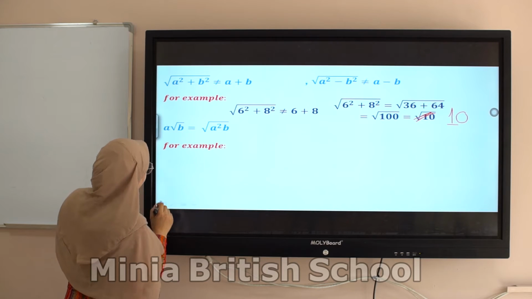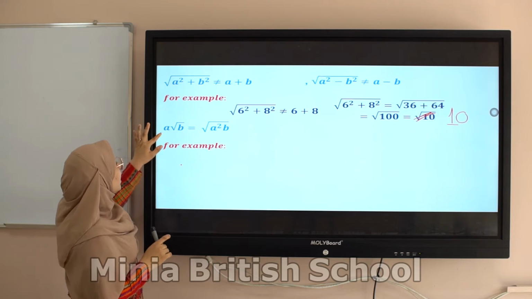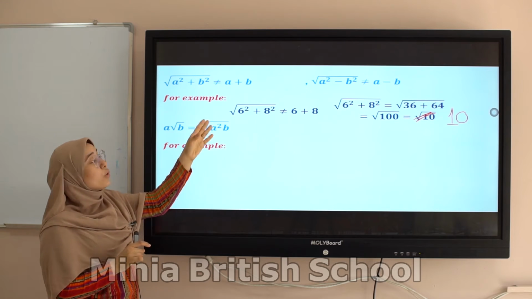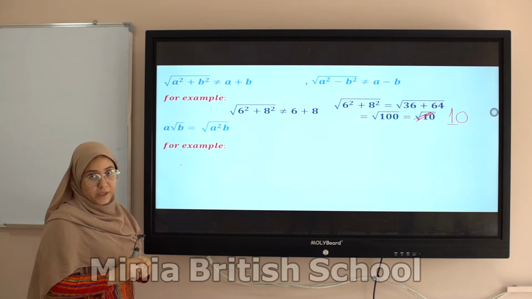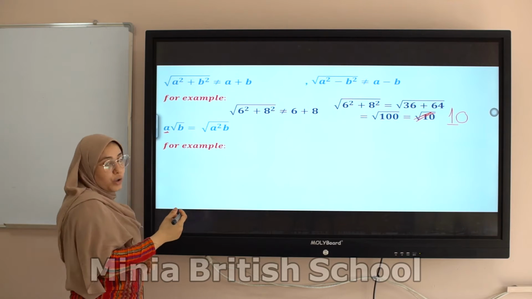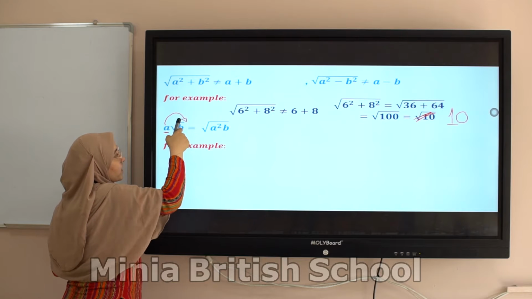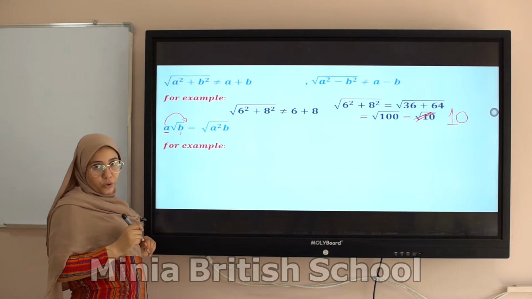Here A over B equals root A power 2 B. Here A is outside the square root, and I need to put it inside the root, okay?